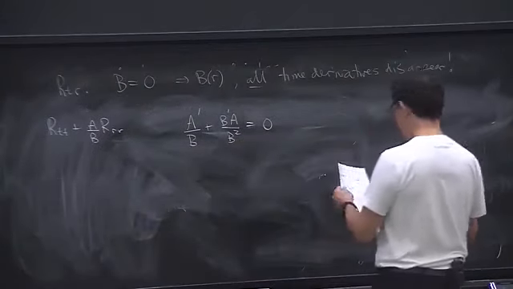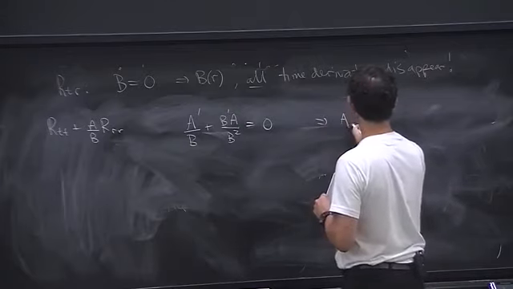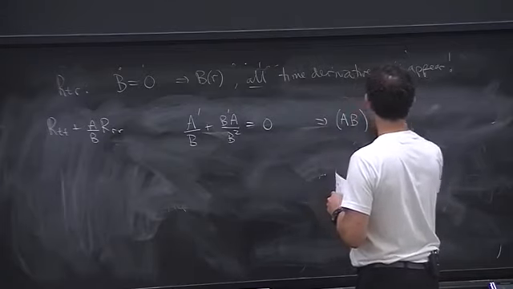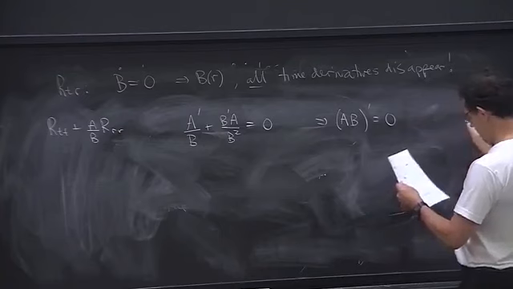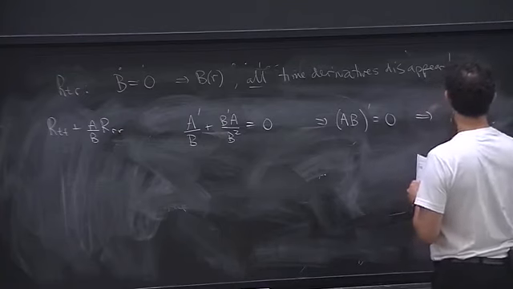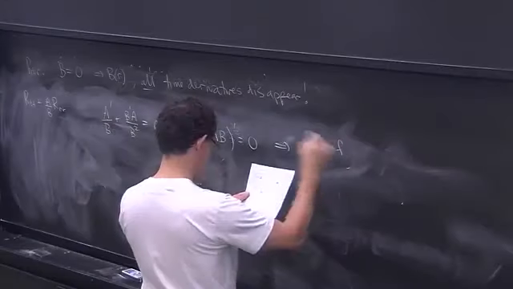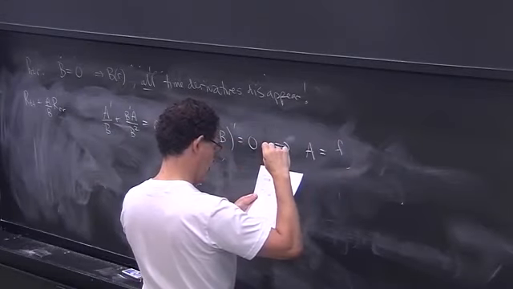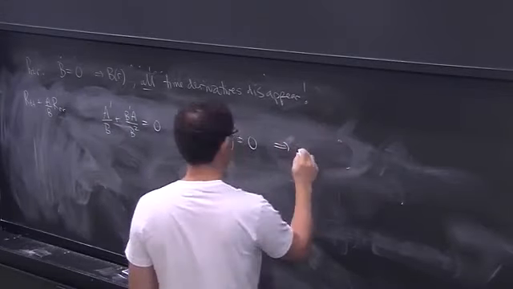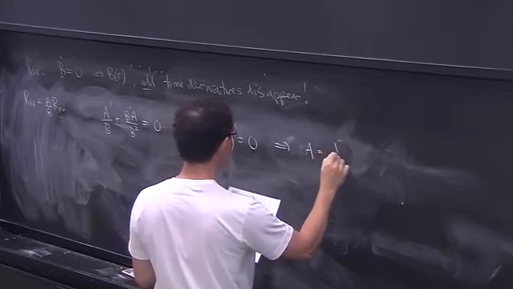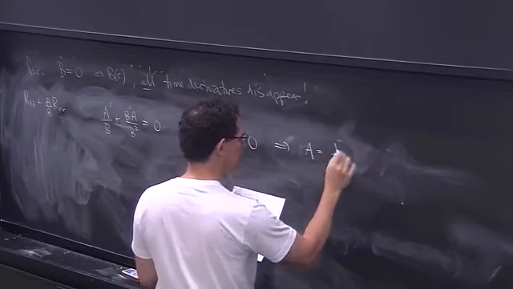Okay, but this equation just reads that a times b prime equals 0. And so what this means is that a equals 1 over b.